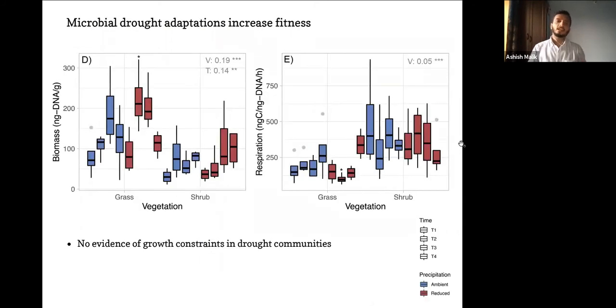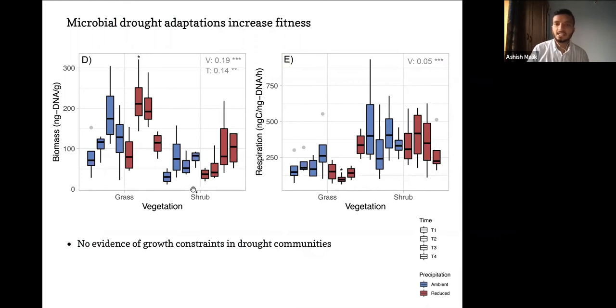And then finally, I just want to show the yield trait. So these were measurements which were a bit more quantitative, not from the metagenomics data sets, but we measured biomass using DNA concentrations, and we measured respiration using an infrared analyzer.